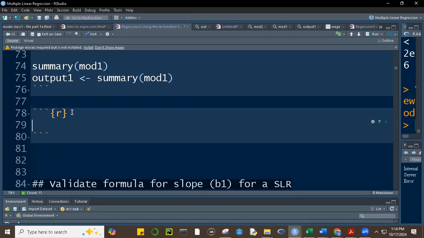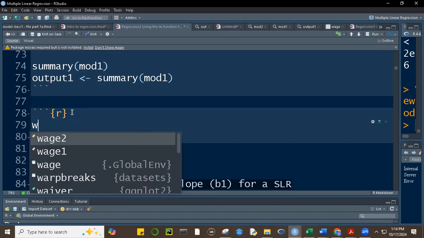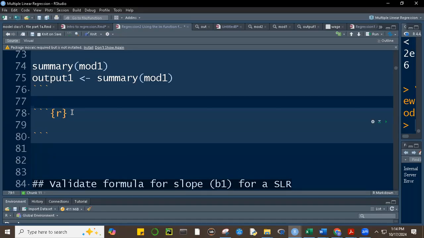So our equation, class, I'm going to write this as wage 1. This is the first observation. So the predicted value for wage 1, what's the formula?